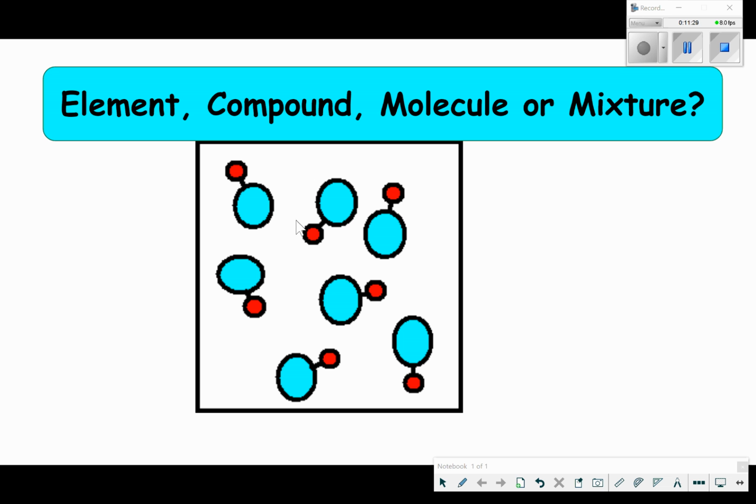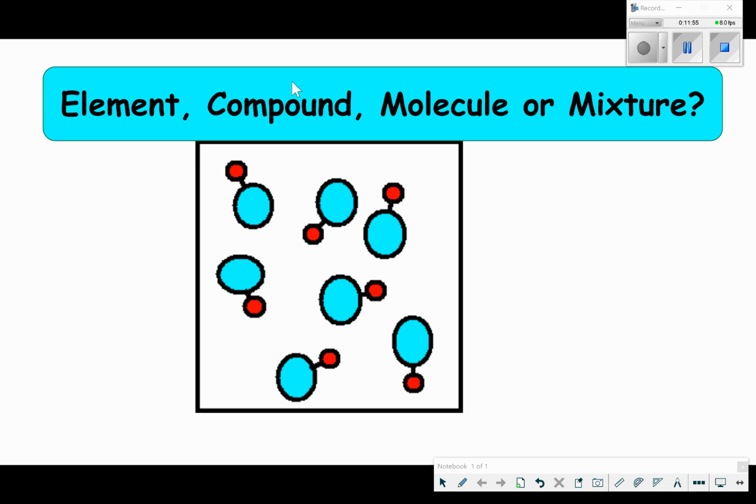See, red, blue, red, blue, red, blue, red, blue. So because there are multiple colors, we know we are not dealing with elements. Because they're consistent, we know we're not dealing with a mixture. Now, the question is, is this a compound or is this a molecule?